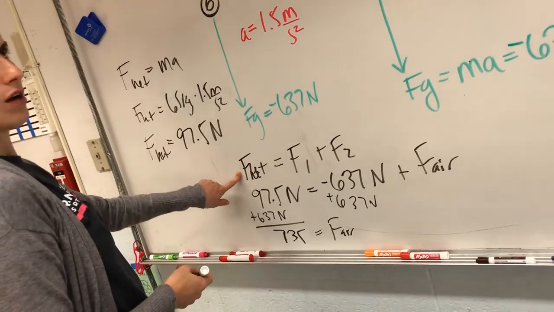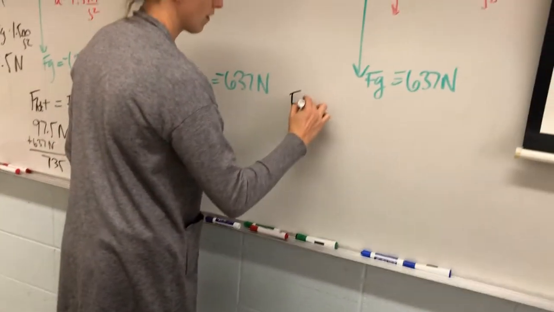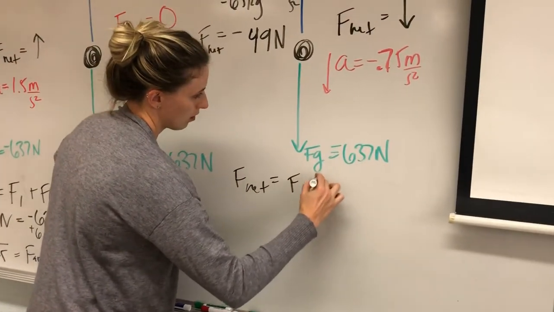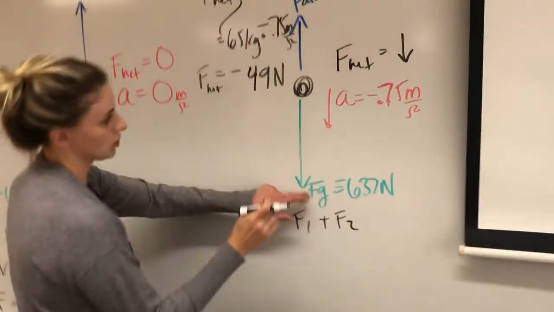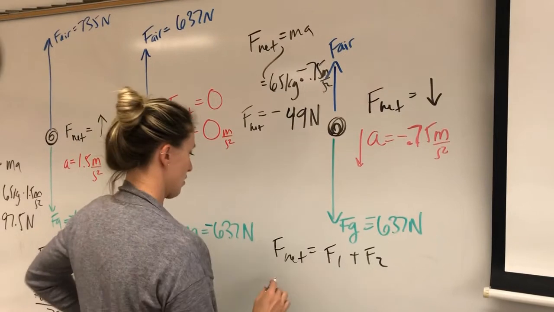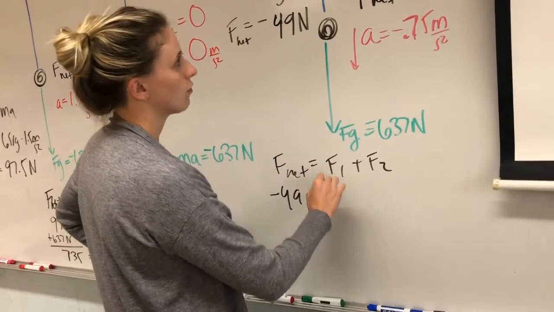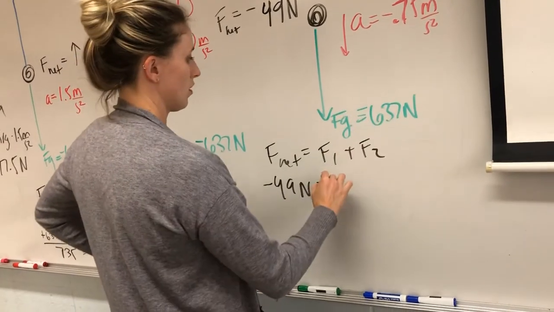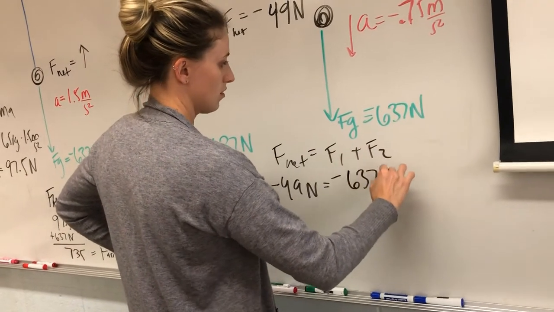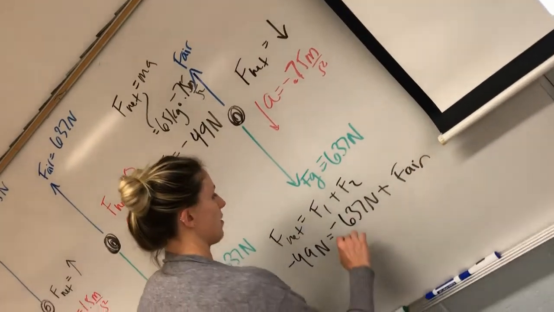We have to use the other definition of the net force, which is the sum. What are our two forces here? Force net equals force of gravity plus force of the air, so negative 49 equals negative 637 newtons, which hasn't changed, plus what we don't know yet, the force of the air. I'm going to add 637 newtons over here.